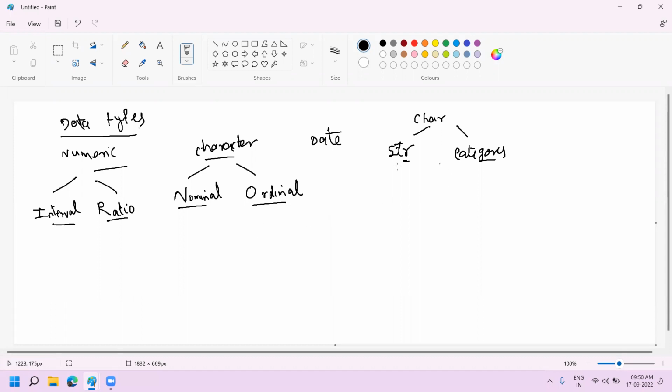Now, when we are dealing with nominal and ordinal, they are usually part of categorical data. So what is the difference between nominal and ordinal? In nominal data, order is not important.